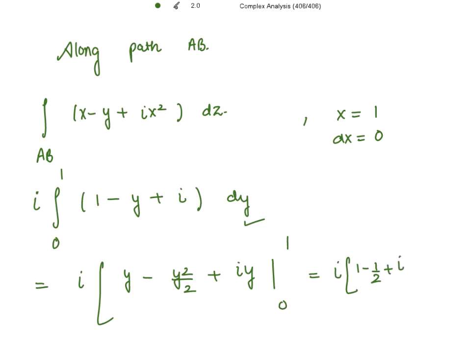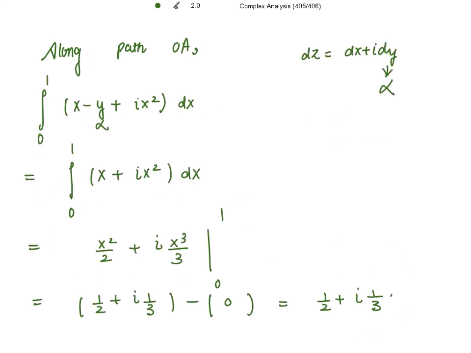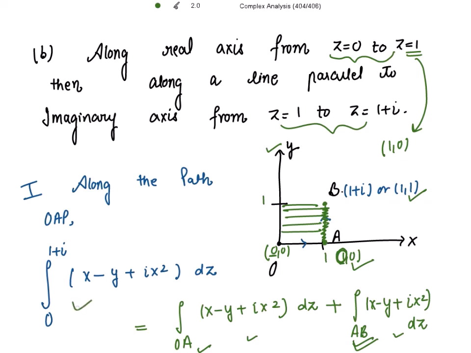When putting the lower limit, we get 0, right? So 1 minus 1 half is 1 half, and we get the answer iota multiplied with iota, that is iota square, that is minus 1, the real part is minus 1, plus imaginary part is 1 half. So now we are going to put these two values back to the main integral here, right?